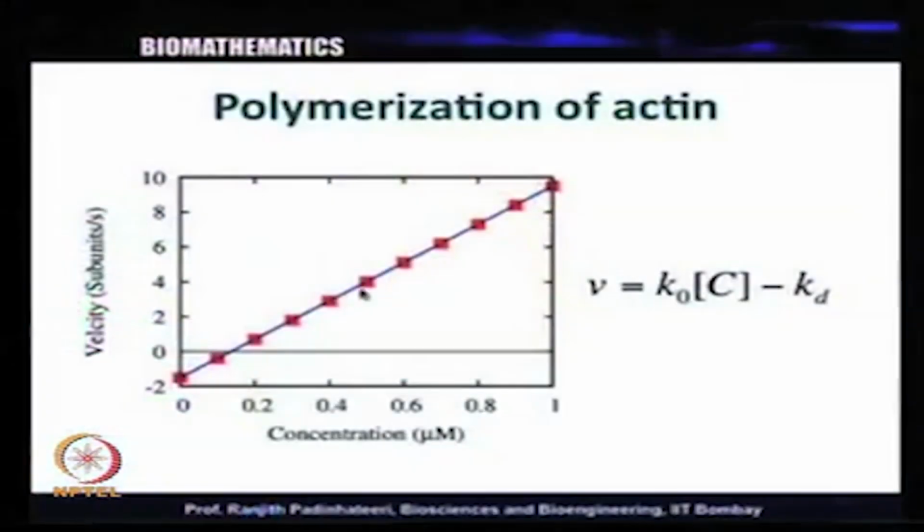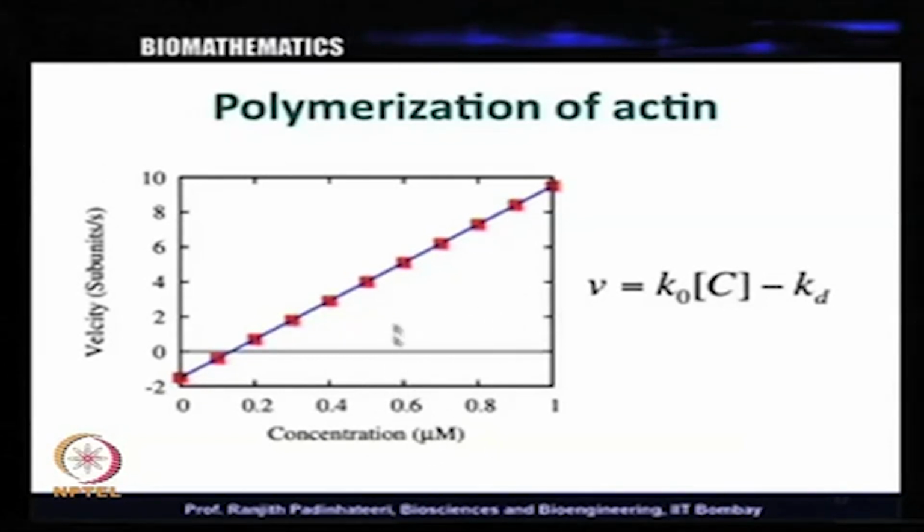So, have a look at this graph. The red points here are for different values of concentration. Let us start from the right end, 1 micromolar. The x axis is concentration, the y axis is the velocity. The x axis is in micromolar; molar is the unit of concentration, and micromolar means 10 power minus 6 molar.